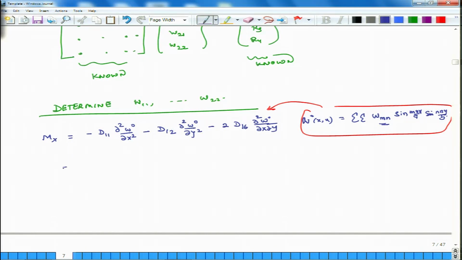So, I get Mx is equal to, so this sine term is getting differentiated twice.